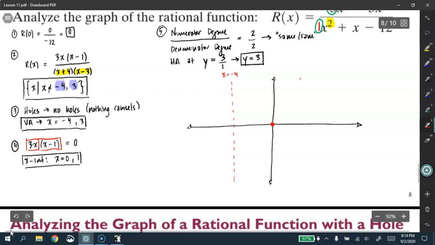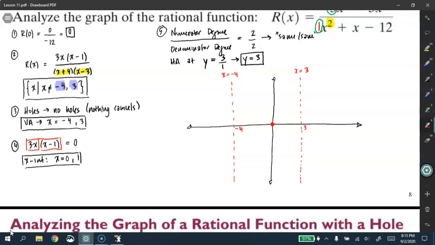So I'm going to bring it a little bit closer to the y-axis, so right over here. And this represents the vertical asymptote at x is equal to 3. Okay, so once again, I just fulfilled what step number 3 was asking us about. All right, -4 and +3. Remember, those are vertical asymptotes.